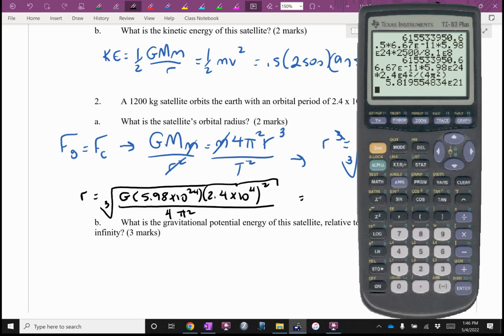Cube root. On my calculator, it's math, option 4, cube root, answer button. Do you all get 1.80 times 10 to the 1, 2, 3, 4, 5, 6, 7? Is that right? People nodding? 1.80 times 10 to the 7th?